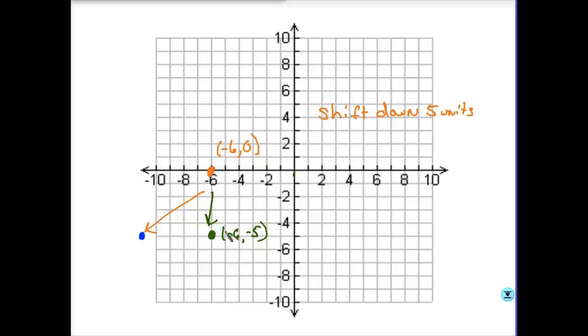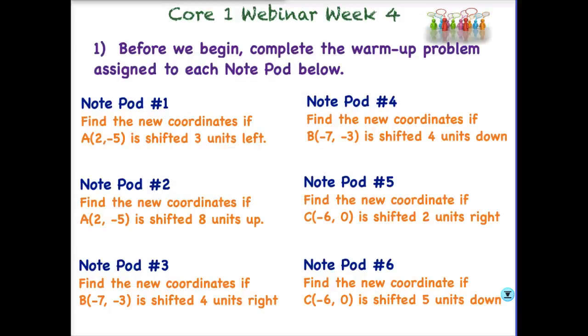Okay, so if you guys think about what we learned here today, I'm just assuming Israel, you're not here anymore, because you are not responding to my questions, by the way. So everybody else, think about what we learned here today. So let's go back to our warm-up. It says find the new coordinates if this point is shifted 3 units to the left. So the key for you guys is to notice if it says left, up, right, or down.